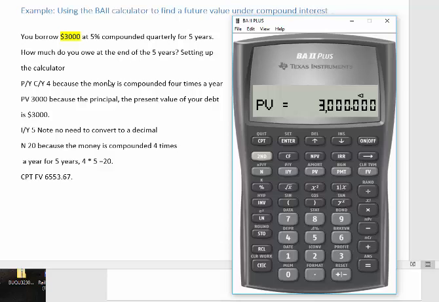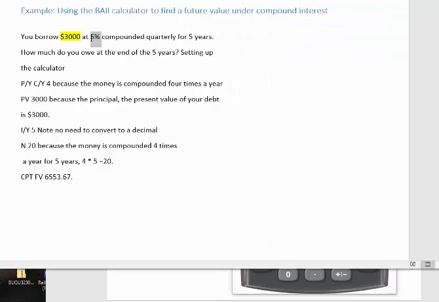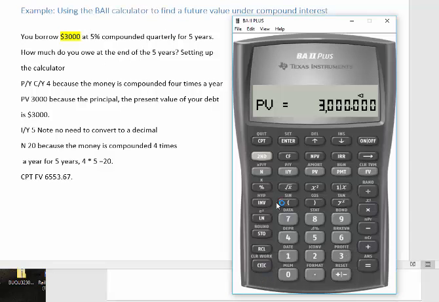Now the interest is 5%. We don't need, with this calculator, to write it in decimal, so we can just go 5 IY. Now the N is 20 because it's over 5 years, 4 times a year.